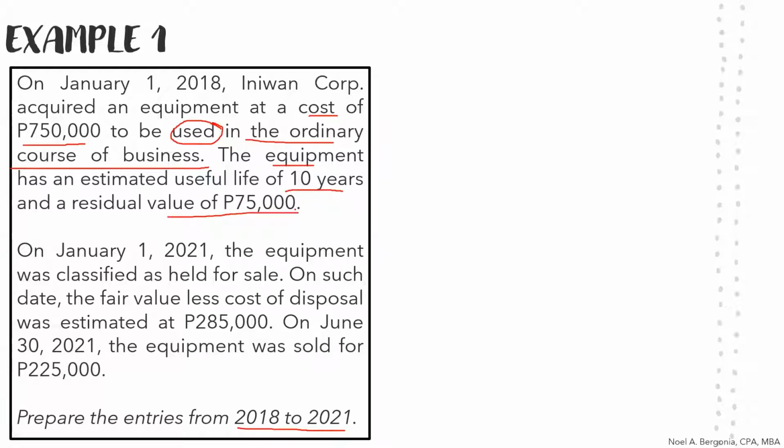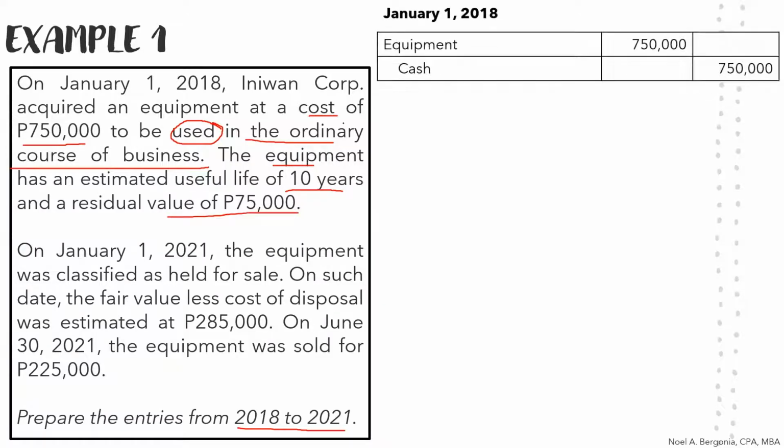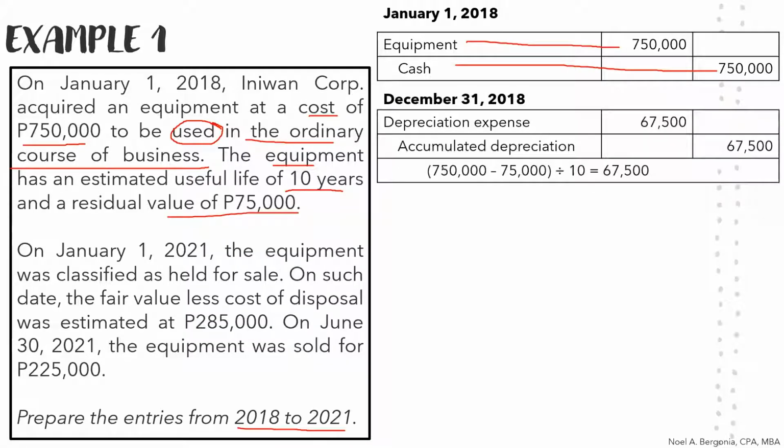So let's give an entry muna on January 1, 2018. Debit equipment, 750,000, credit cash, 750,000. So that's the initial recognition. And then, of course, after a year, December 31, 2018, we need to depreciate it over 1 year. So the depreciation on December 31, 2018 would be debit depreciation expense, 67,500, and credit accumulated depreciation, 67,500.